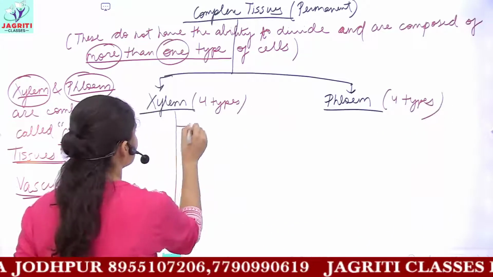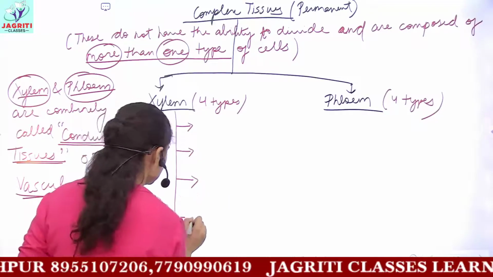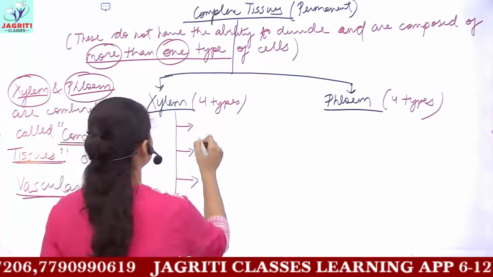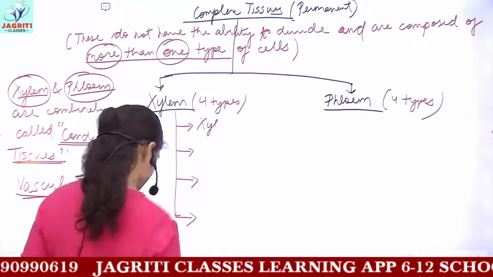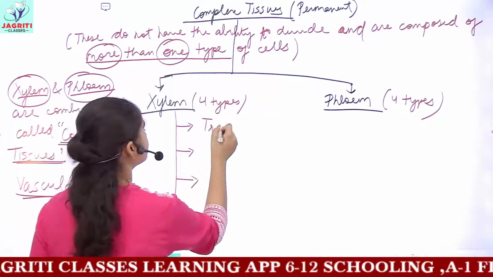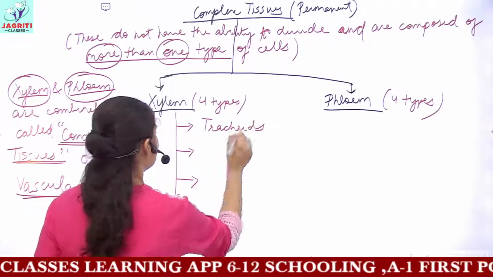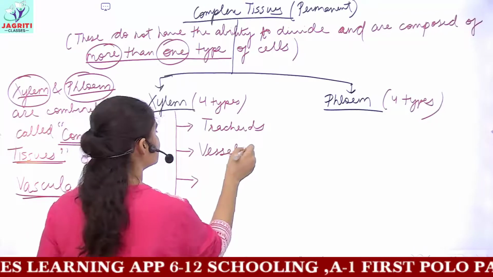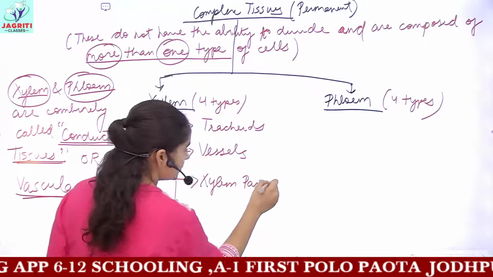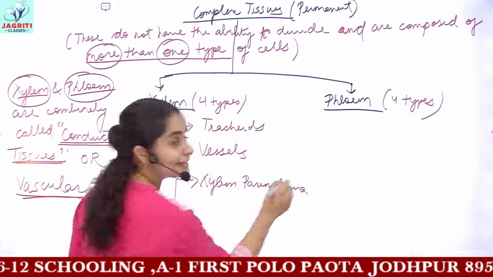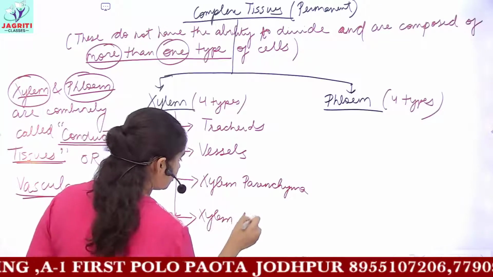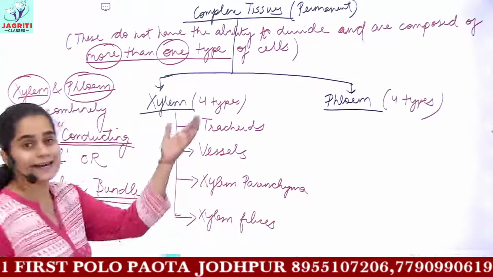The 4 different types of cells present in xylem are: the first one tracheids, then vessels, then xylem parenchyma, and the last one xylem fibers. So these are the 4 different types of cells which comprise xylem.